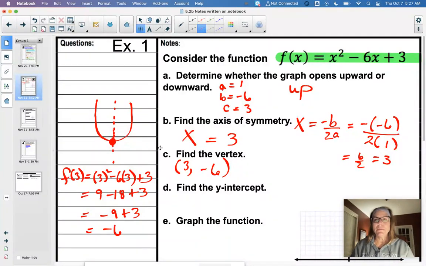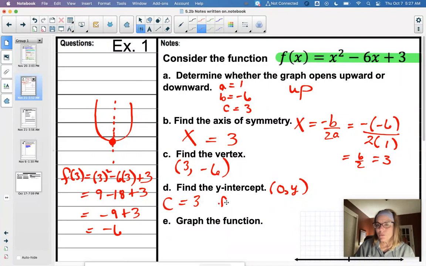Now the y-intercept, remember the y-intercept when it's in standard form is just your c value. But if you forget that, remember a y-intercept, we've talked about this a lot, is a point on the y-axis. So that means that your x value is 0, and we're trying to find what y value makes that happen. So if I plug in 0 for x, I get 3.